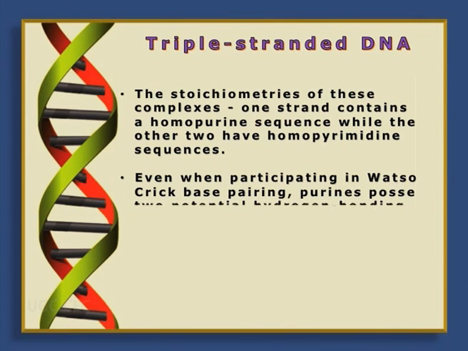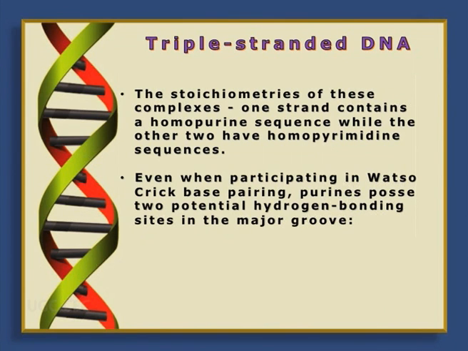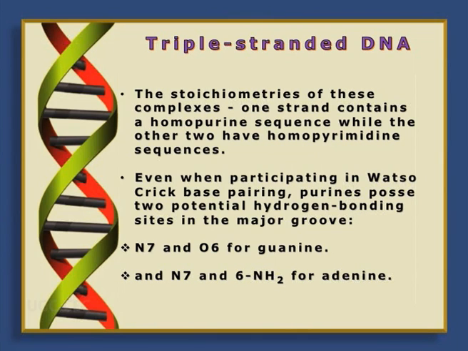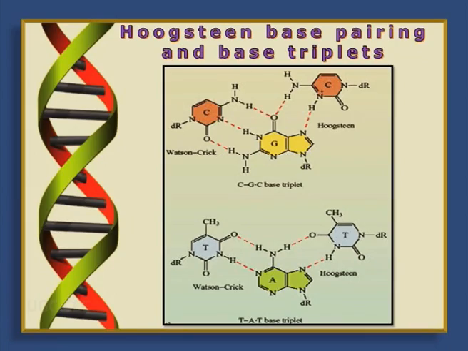Now, the major groove serves as the source of chemical information. It is at the major groove that there are 2 potential hydrogen bonding sites, namely the 7th nitrogen atom of adenine and guanine and the 6th amino group of adenine. These 2 serve as potential sites for hydrogen bonding. On further examination of the triple helix, we find that there are 2 types of base triplet. One is CGC, another is TAT.